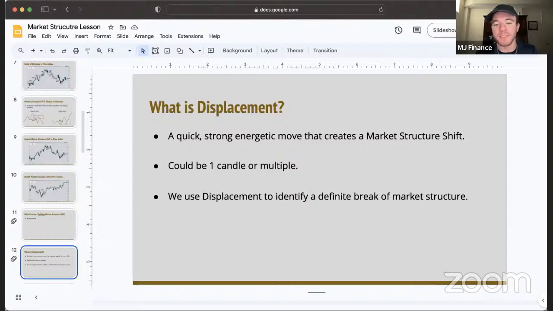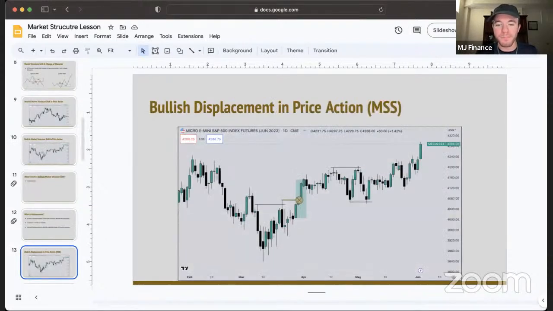because when we have displacement, that means that there are bigger players at play in the market. That means that the smart money, banks and institutions, are entering. They can't enter and cause no volatility. When they enter, things are moving quickly and energetically. I can't stress that enough. So again, we said that this was the market structure shift, but the definite market structure shift occurs with displacement.